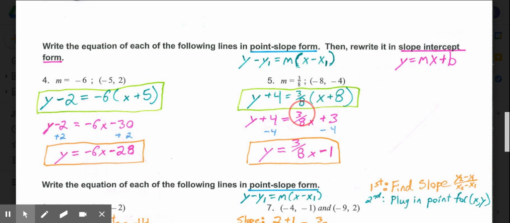So 3/8 times x is 3/8 x. 3/8 times 8 is just plus 3. So we have y plus 4 equals 3/8 x plus 3. To get y alone, we'd subtract 4 from each side, and y would equal 3/8 x minus 1.